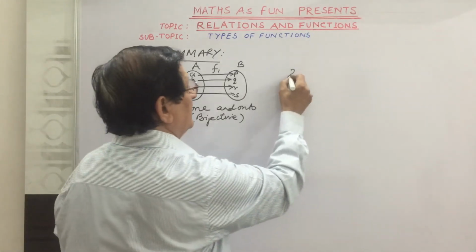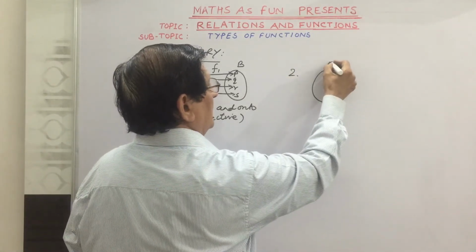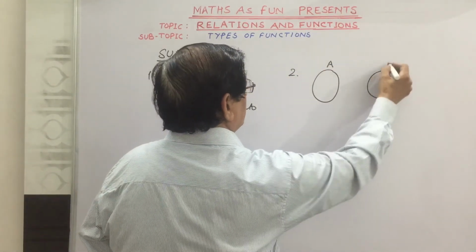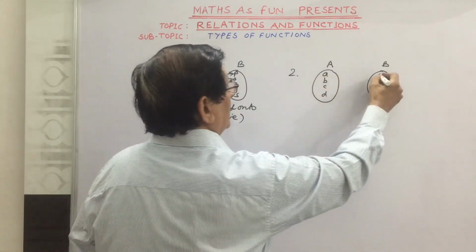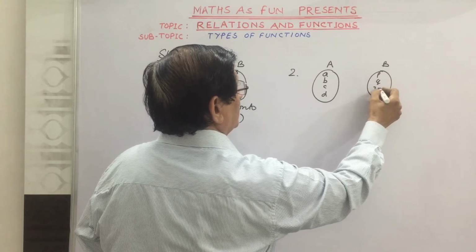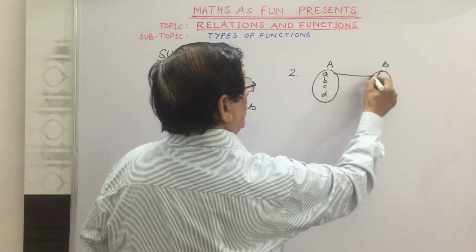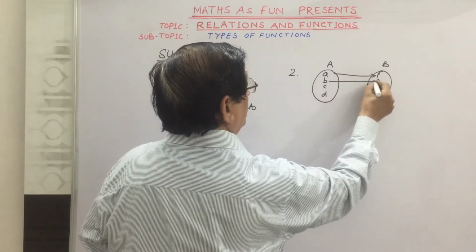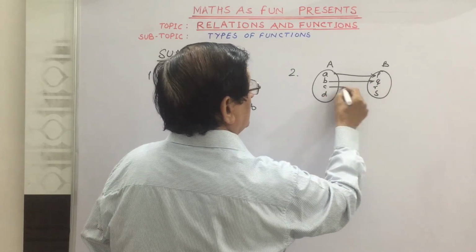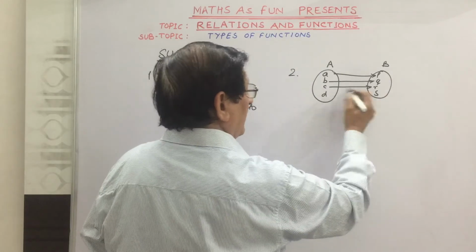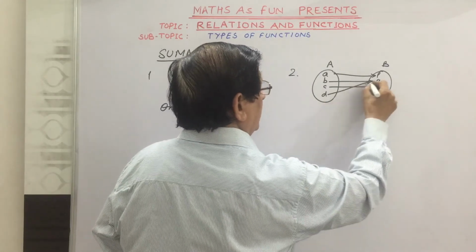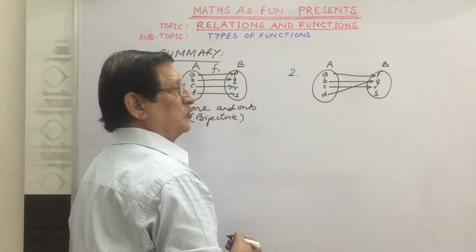Second case we take, this is A and this is B, with a, b, c, d and p, q, r, s. Suppose we have the elements, a is related to p, b to q, c to r, and d is also having the image q.